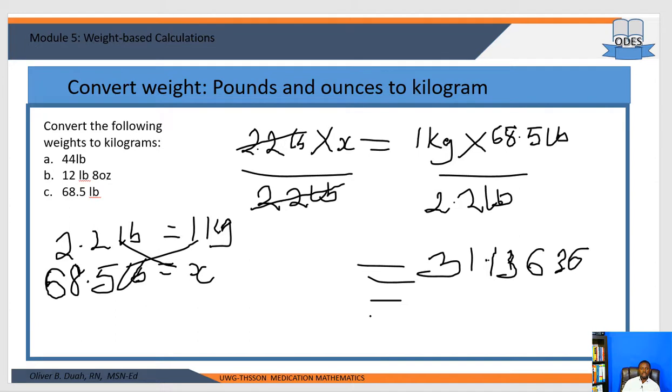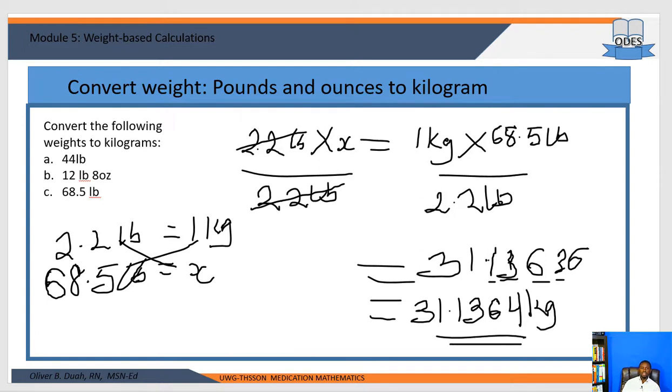So we can leave our final answer to 4 decimal places, and so we are going to count after the point. 1, 2, 3, 4, and 3 is our 4th decimal place. So the number after the 3 is greater than 5, and so we are going to round this up by 1. So our final answer is going to be 31.1364 kilograms. This is going to be our final answer.